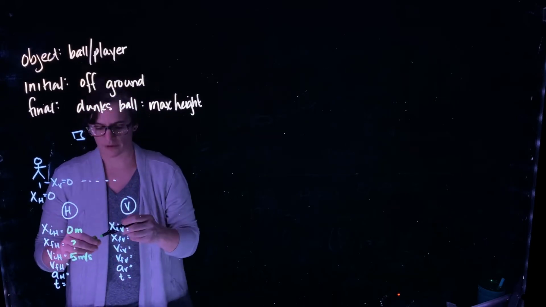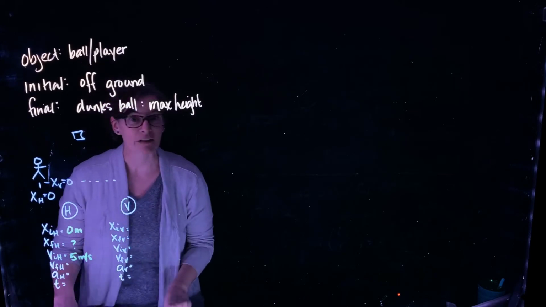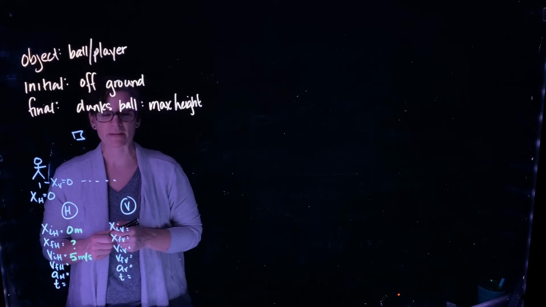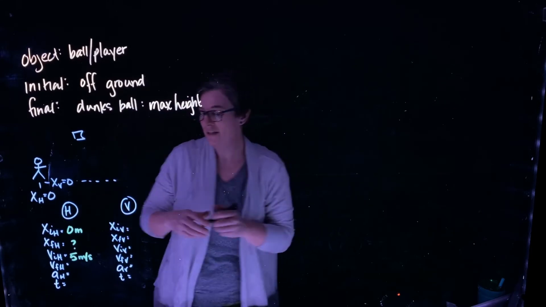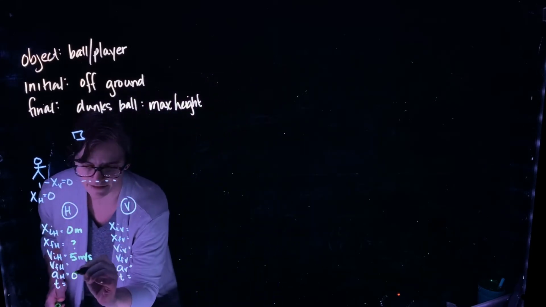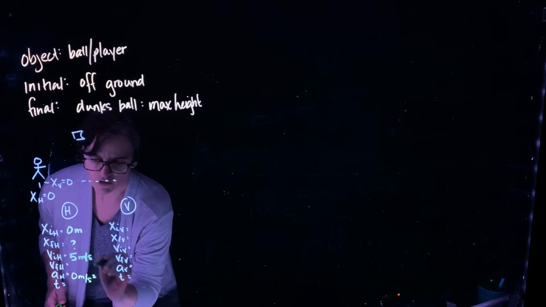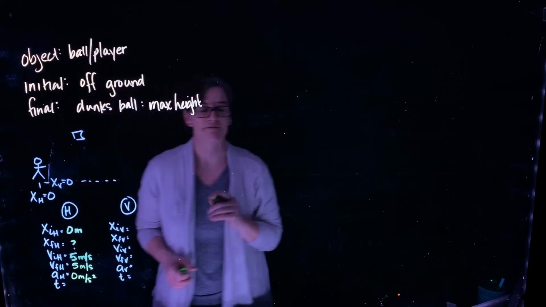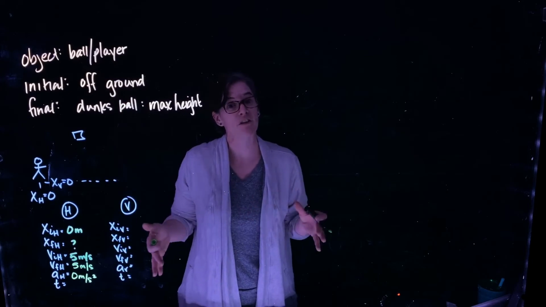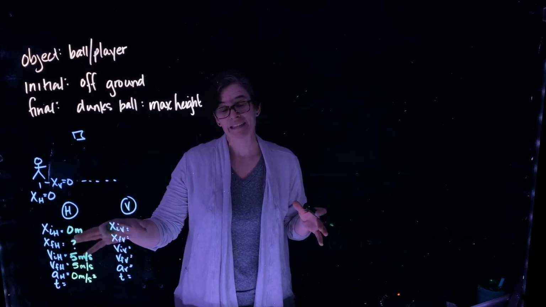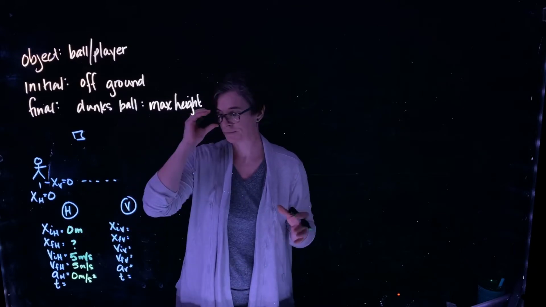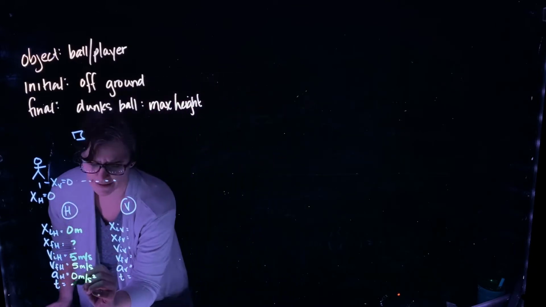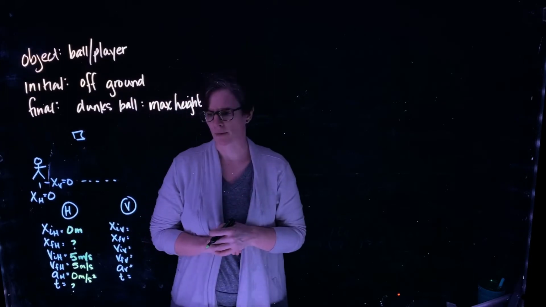So our horizontal initial velocity is 5 meters per second. And since we're interested in when he lifts off in the air, we know that there's no acceleration horizontally. He's in free fall. So our final velocity horizontal also has to be 5 meters per second. So in free fall, the only acceleration is vertical. So the acceleration horizontally is 0. And we don't know how long he's in the air. It's not provided in the problem.